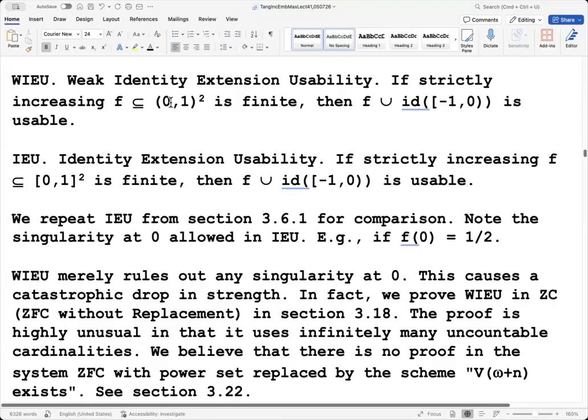So what I've done is, you notice that I've disallowed a singularity at zero, because F is not defined at zero and it has no value at zero. Whereas over here, I have a singularity at zero because I have left bracket zero here.